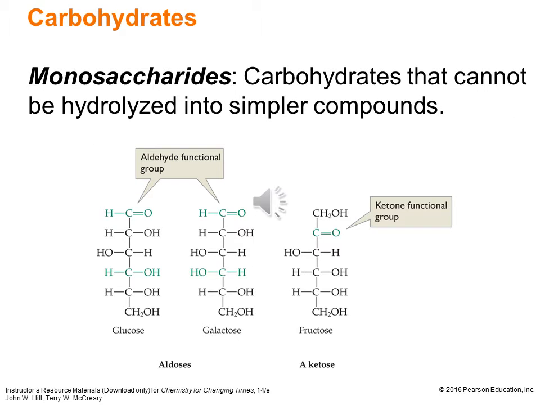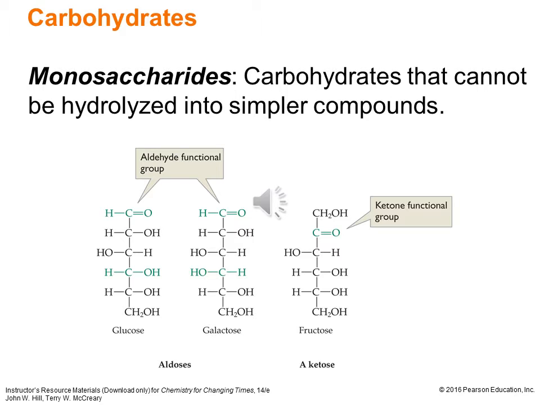So as I mentioned, a couple examples of these monosaccharides are aldoses and ketoses, which are generic classes. So an aldose, as you look at the left-hand side, glucose and galactose are examples of aldoses. And if you look at the linear structure of these molecules, they end in an aldehyde. So they have differences in the specific values.